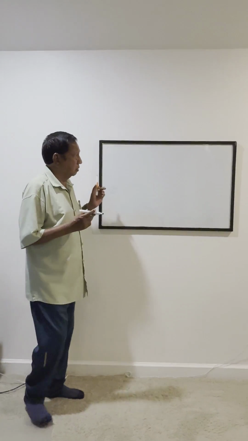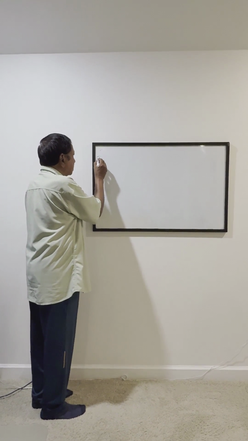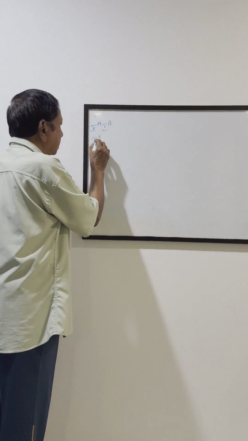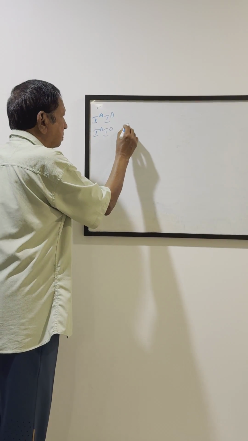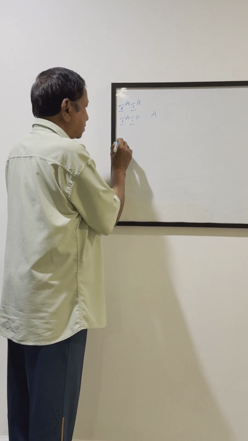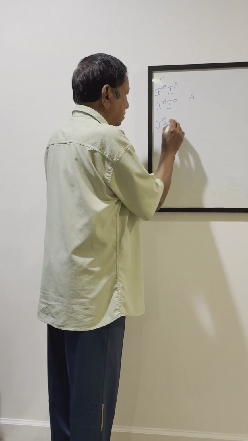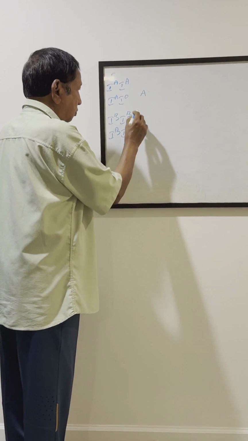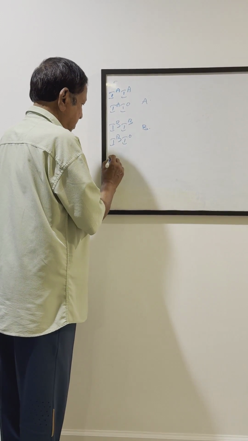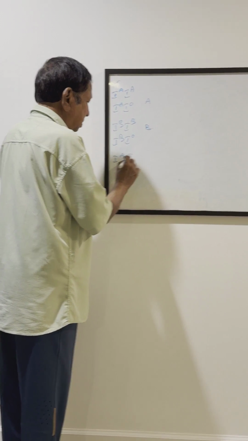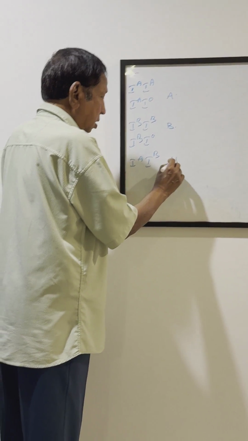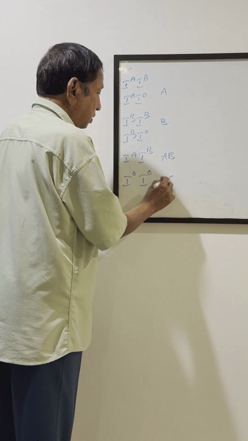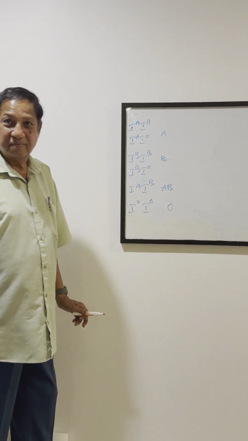Okay. Now, let us start with the genotypes. This is the genotype for A type of blood, and this is the genotype for B type of blood. And this is the genotype for AB type, and this is the genotype for O type of blood.